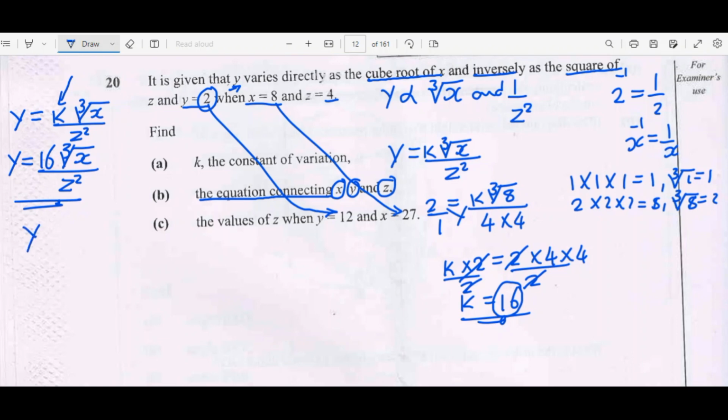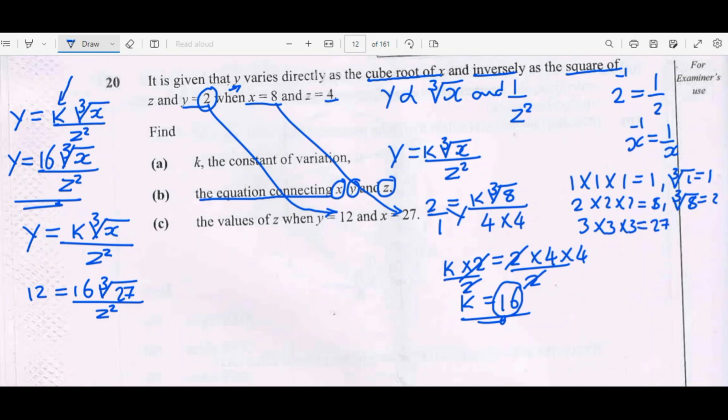So we'll say y is equal to k times the cube root of x over z squared. So y is 12, k is 16, then times the cube root of 27 over z squared. So this is what we are looking for. If you go back, 3 times 3 is 9, times 3 will give us 27.